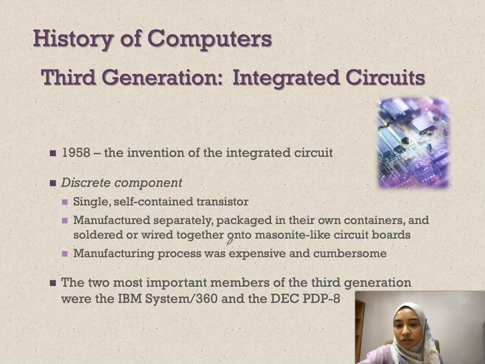So it was manufactured separately, packaged in their own containers, and soldered or wired together onto a masonite-like circuit board. So it was on the circuit board individually. That was how it was. And then manufacturing was expensive and also very tedious, cumbersome. So the two most important members of the third generation were IBM System and also DEC. DEC is also a company, so maybe their rival, right?